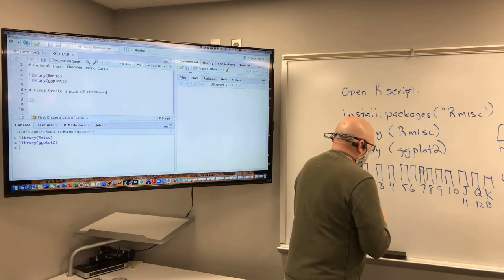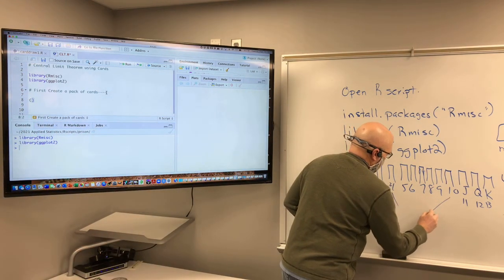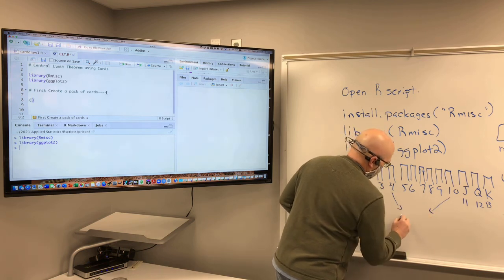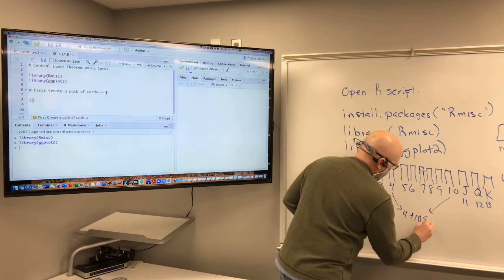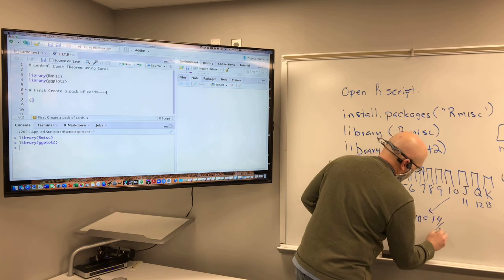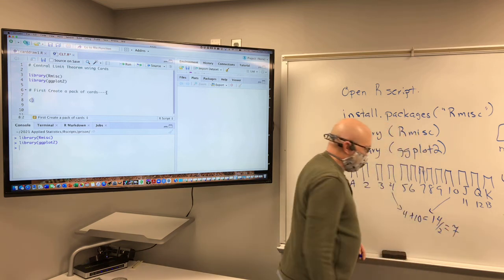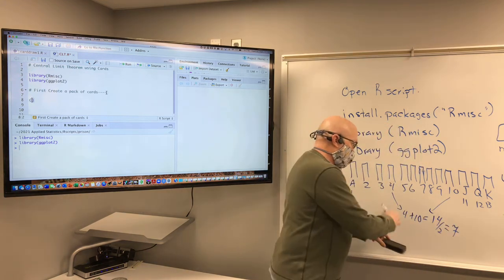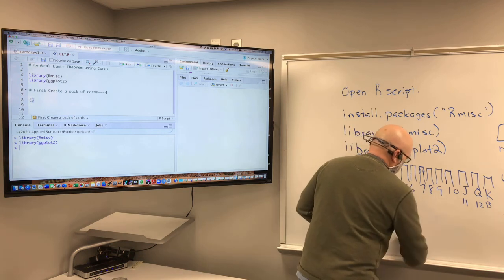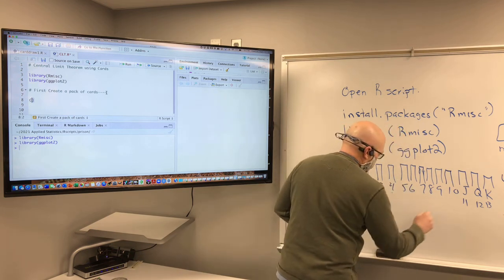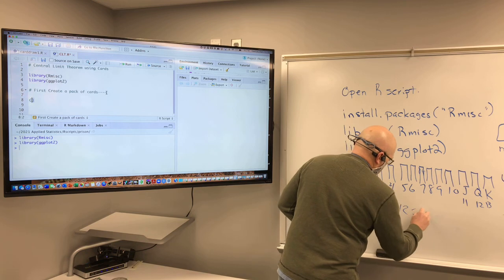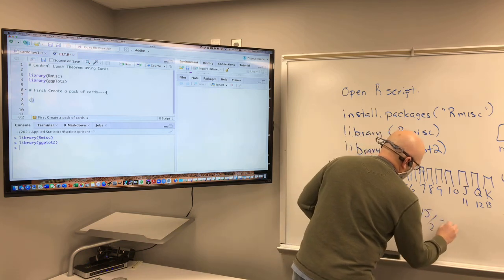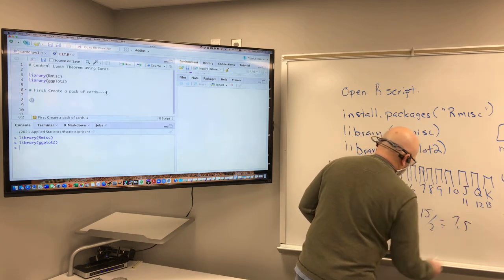But then what I did is I had you draw 2 cards out of this, 4 plus 10, and take their average, 14 divided by 2. Their average is 7 in this case. Throw those cards back in, have you draw 2 more out, 3 and 12. 15 divided by 2 is 7.5.